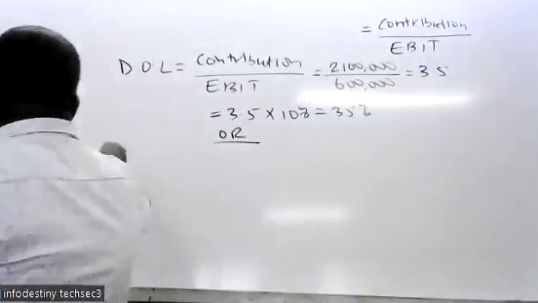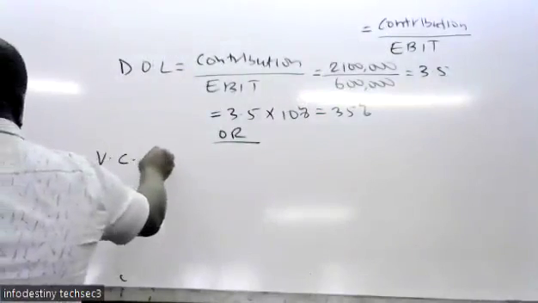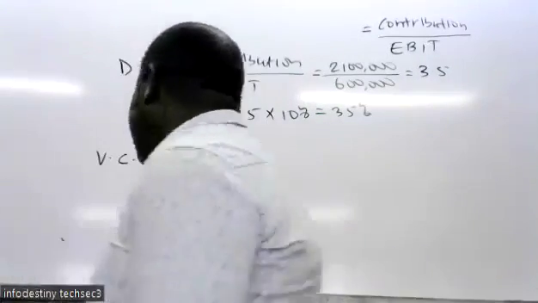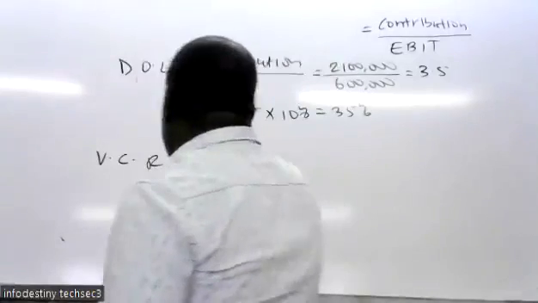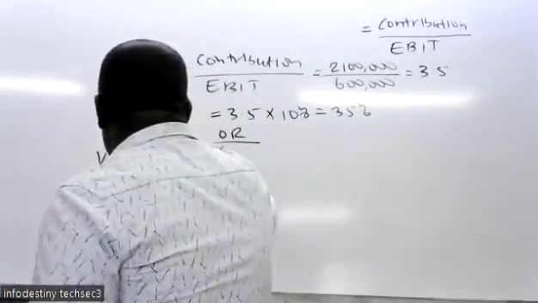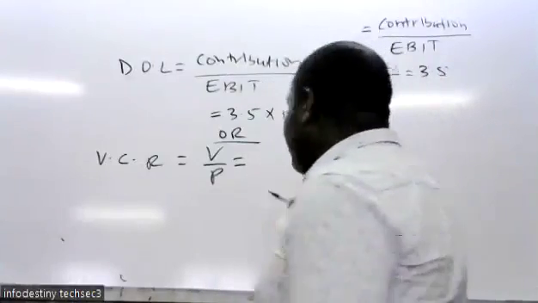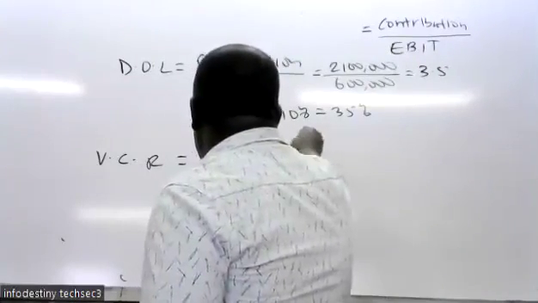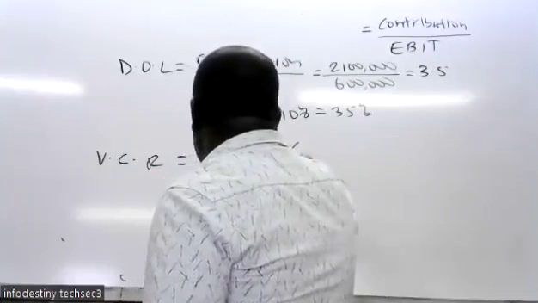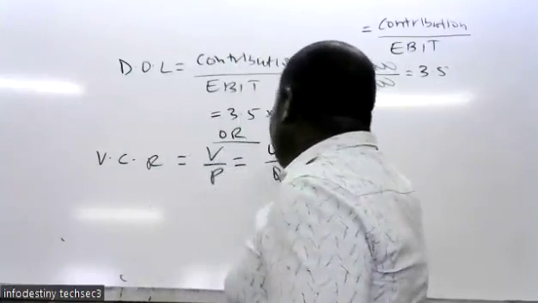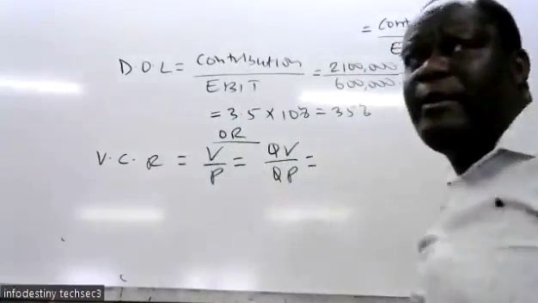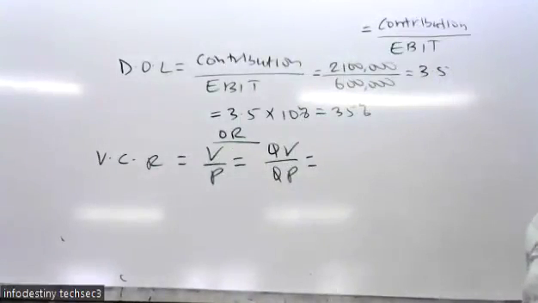If you remember, it was variable cost per unit divided by selling price per unit, but now we don't have those. Instead of variable cost per unit, we use the total variable cost, and instead of the selling price per unit, we use the total sales.